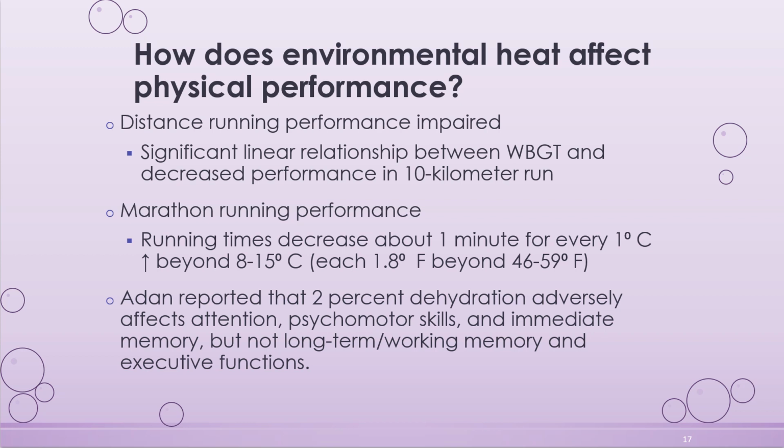With marathon running performance, they have seen that running times decrease about 1 minute for every 1 degree Celsius that it increases beyond 8 to 15 degrees Celsius. Or if you want to put it in Fahrenheit, it's each 1.8 degrees Fahrenheit beyond 46 to 59 degrees Fahrenheit.